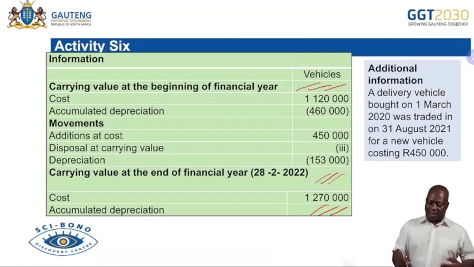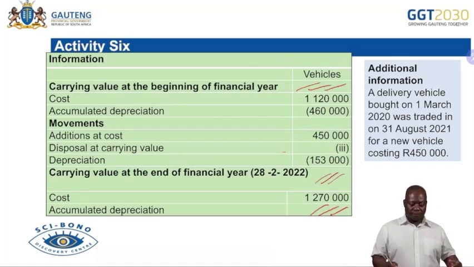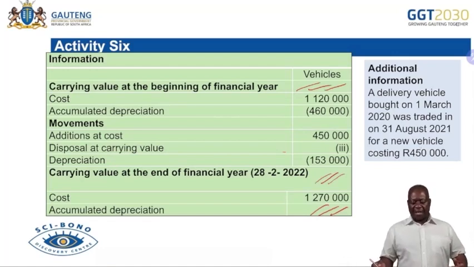So they're saying we are supposed to find our disposal at carrying value. So they're saying a delivery vehicle bought on 1 March 2020. Remember, we know when it was bought. Was traded in on 31 August 2021 for a new vehicle costing 450.